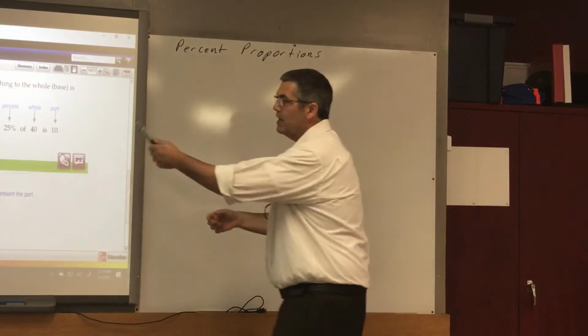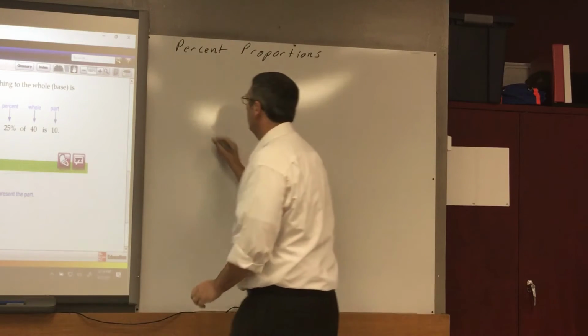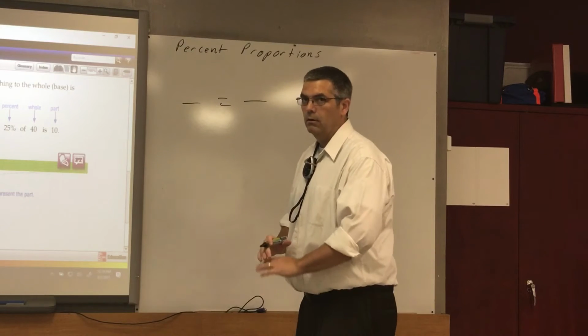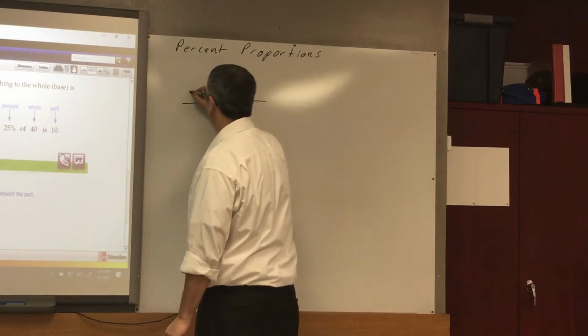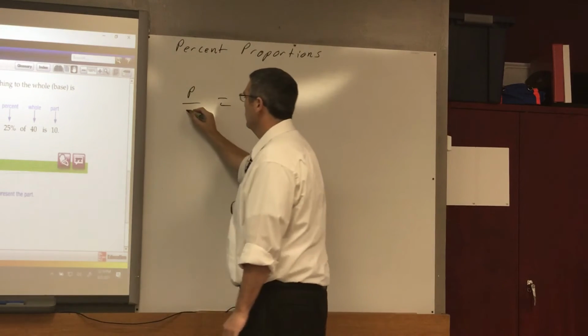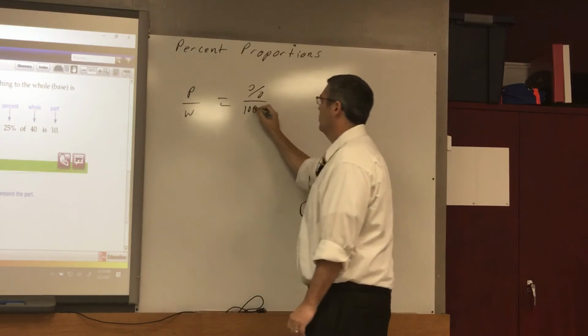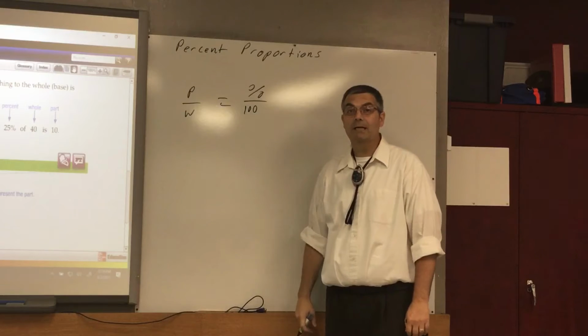They use A over B equals P over 100. I don't like that. You can use that, and it works, but I like this better. Part over the whole equals percent over 100. You're not going to mess that up.